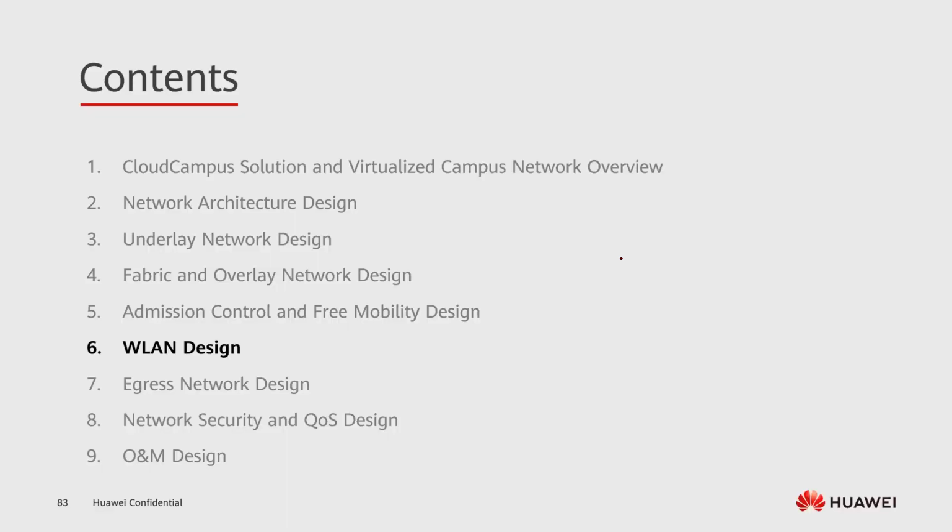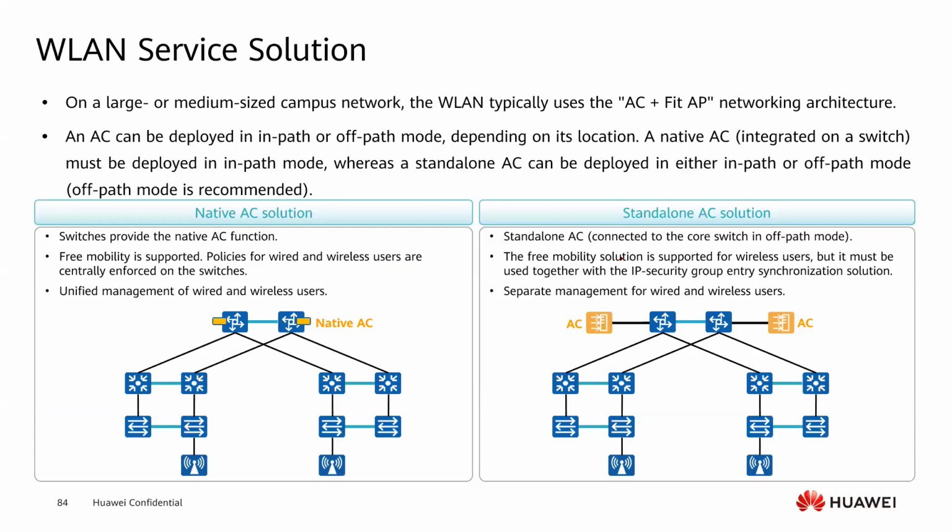Okay, and the next part is the dual-line design. The dual-line design has a lot of detailed information such as the radio, the SSID, the AP convergence, and others. If you want to know the details about the dual-line, you can go to the dual-line certification to check.